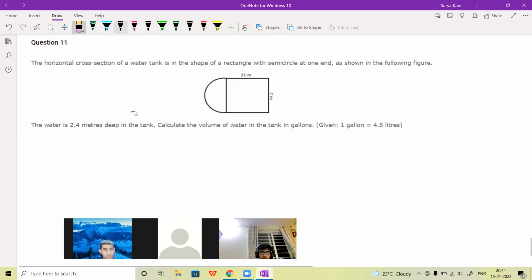This is very important. 2.4 meters deep in the tank means backside, right? Calculate the volume of water in the tank in gallons. So 21 is given, 7 is given. 2.4 meters deep. Okay, take it as homework.